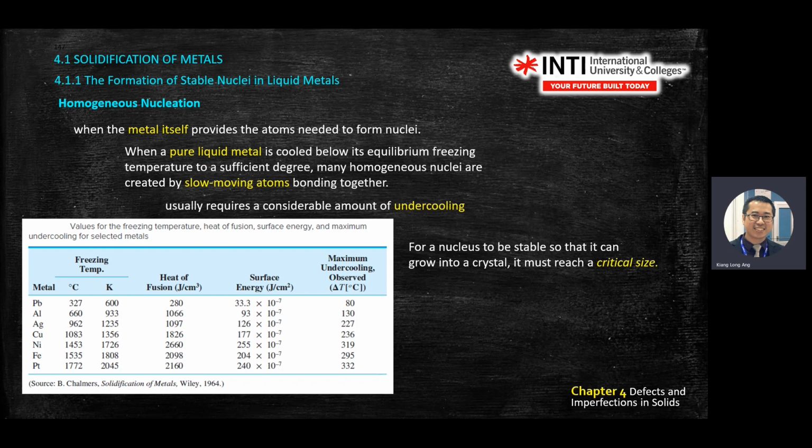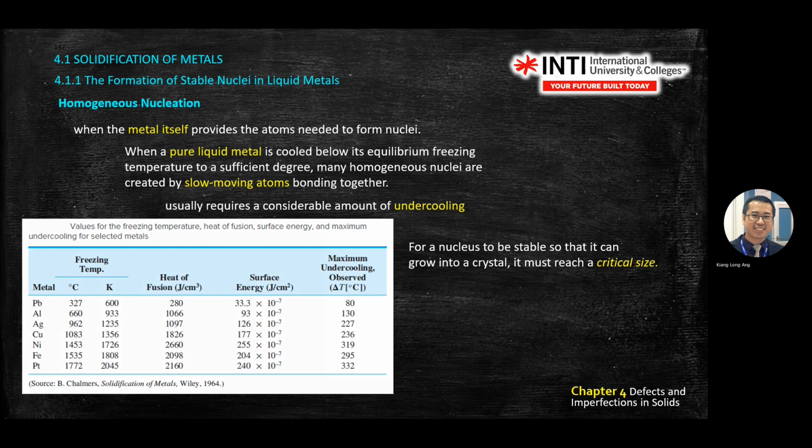And then the nucleus, we will try to quantify it. There's one term called critical size, where the little dot just now becomes stable and starts to grow to bigger and bigger size.